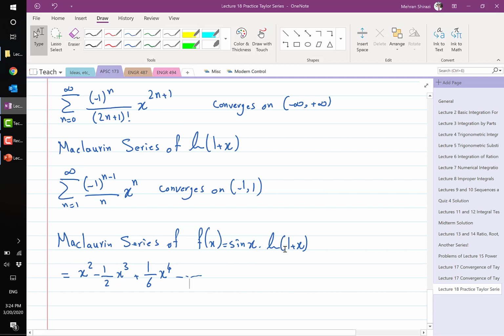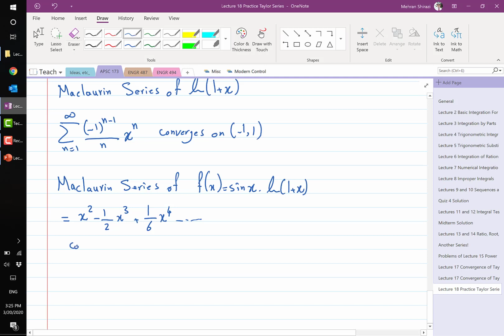But what's more important for me is the convergence of this new one. Since this is converging between minus infinity and infinity, and this one is converging between minus 1 and 1, the new Maclaurin series, which is the multiplication of these two, converges only between minus 1 and 1, because outside of minus 1 and 1 this thing is not converging, so this is not valid.